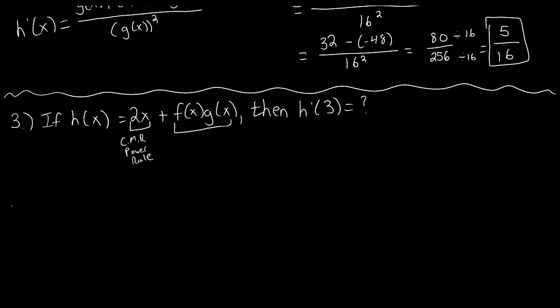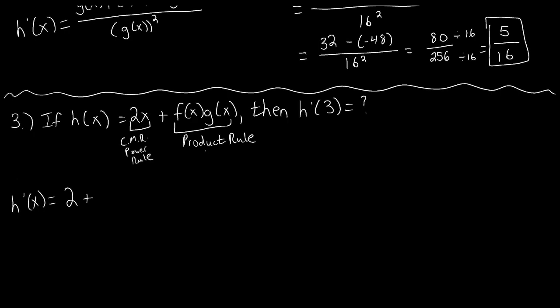We know that the first part of our derivative is just 2, because we take the derivative of 2x to give us just 2. But then, what do we need to use here to take the derivative of a product like this? Well, kind of gave it away, but it's the product rule. And in this case, I'm going to use the names f and g again, because those are the things we're taking the derivatives of whenever I write out our product rule form.